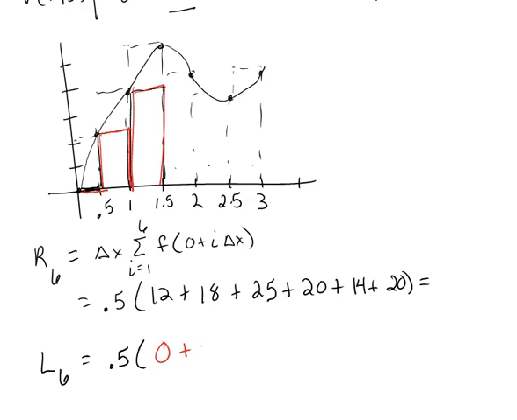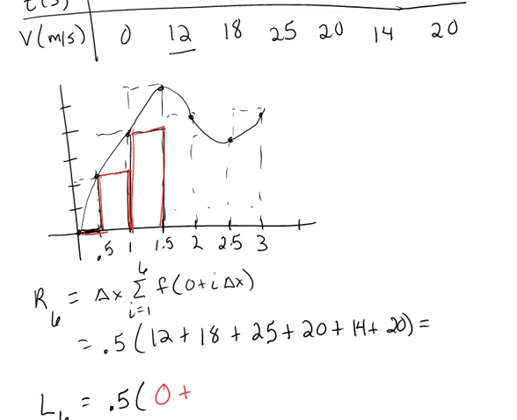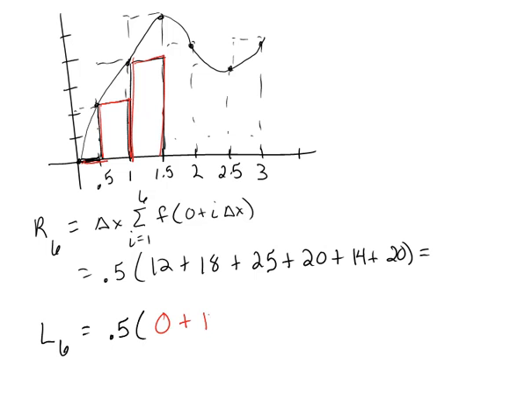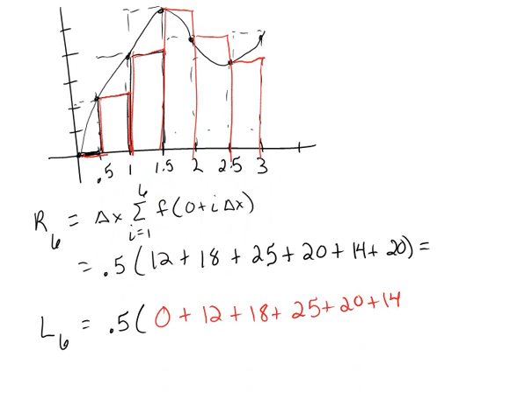The second height is the value at 0.5, so you're going to do the 12, and then the 18, and then the 25, and then the 20, and then the 14. On this last interval, you're just going to use the value at 2.5, which was the 14. So you can just go ahead and compute that.